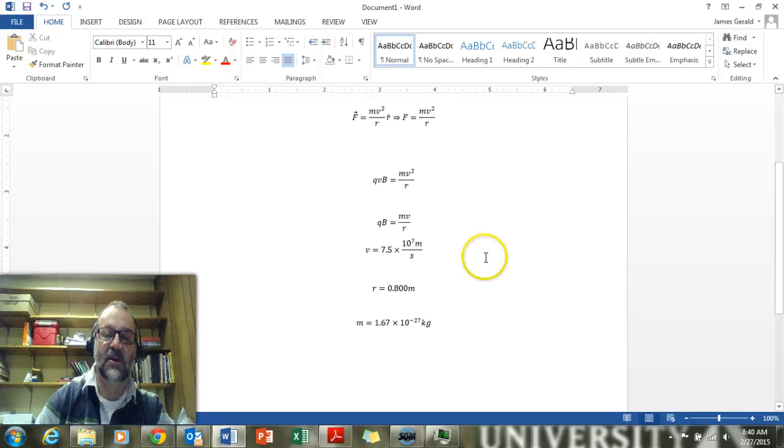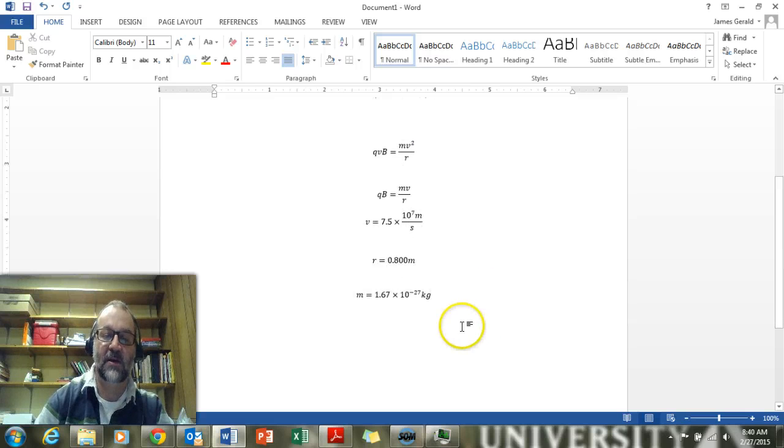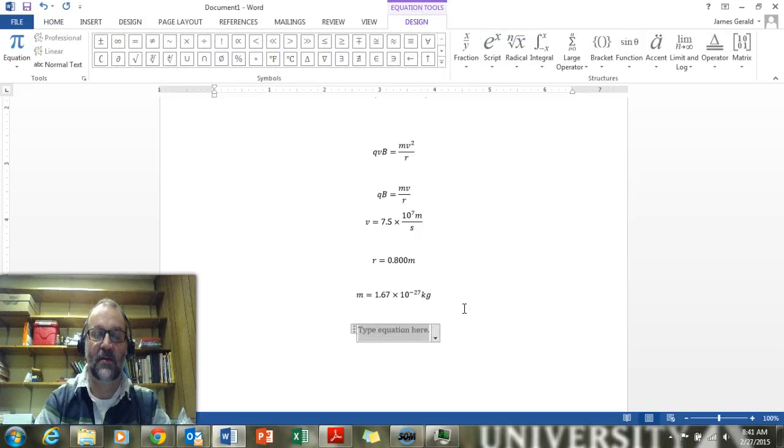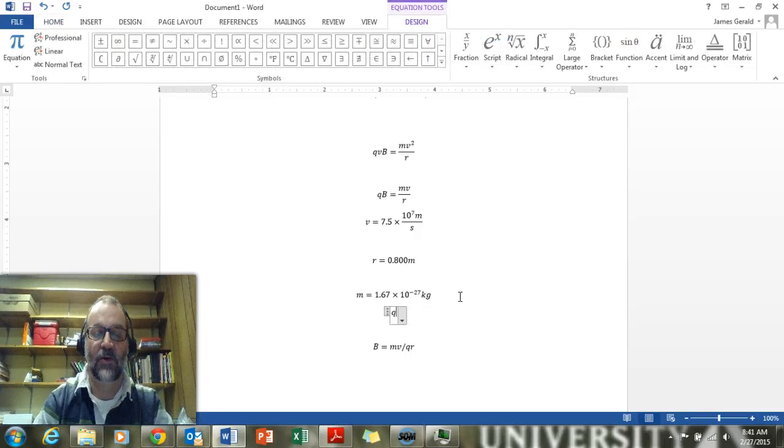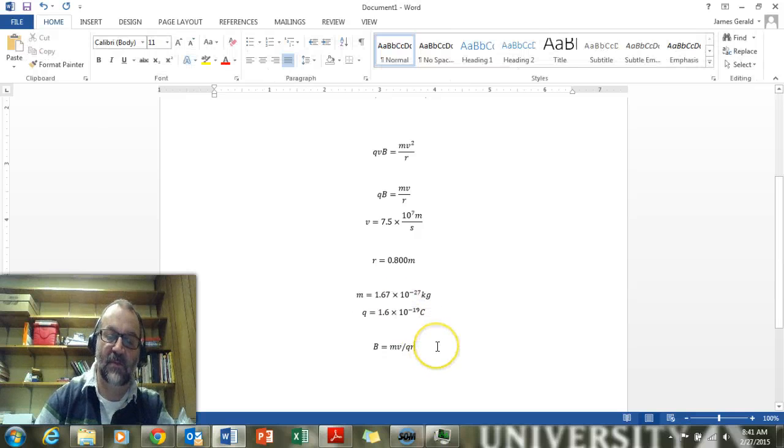That just leaves us with, we know the charge, we know the velocity, we know the mass, we know the radius. So now we have the magnetic field strength is mv over qr. And we know q, right? Q of the proton is 1.6 times 10 to the minus 19 coulombs. All right?